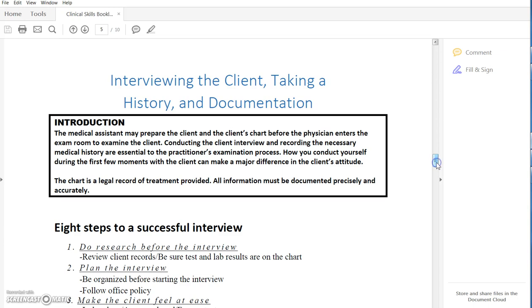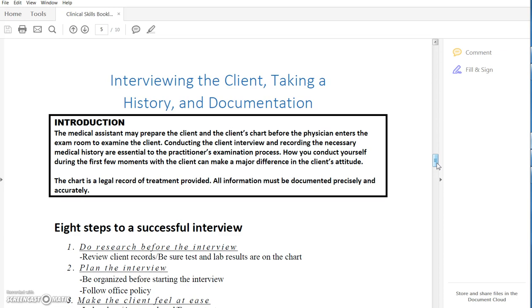Oftentimes, the medical assistant or the clinical assistant prepares the client for the doctor's examination. So you will often guide the client into the examining room. You will often have the chart available to you. Even if you're working with an EMR, you would be pulling up that documentation in the examining room as you interview the client.